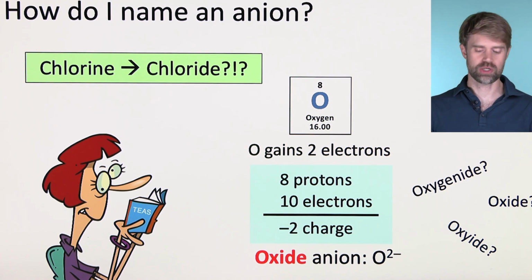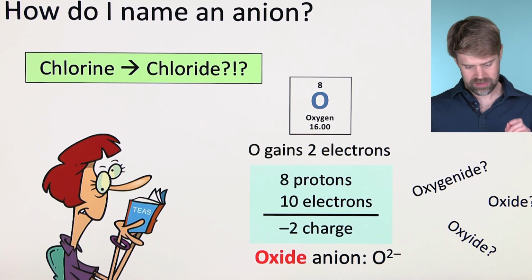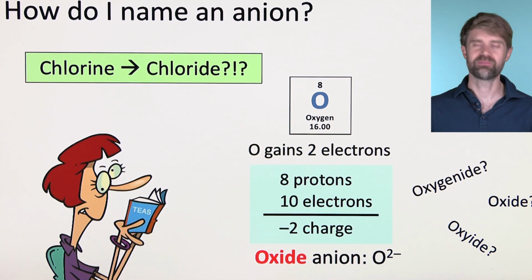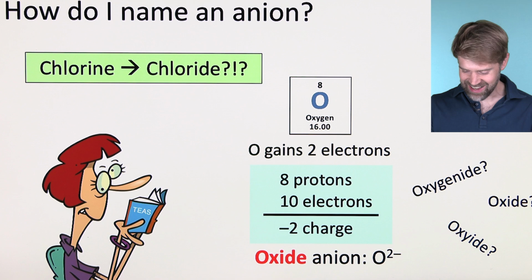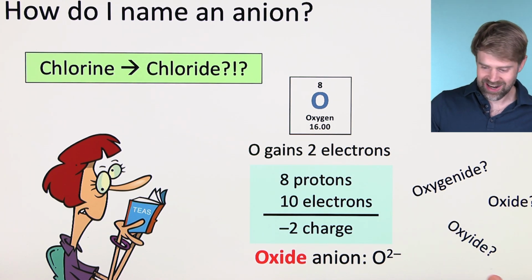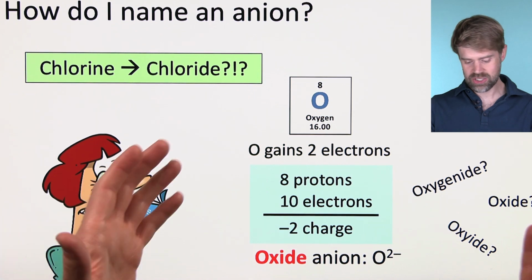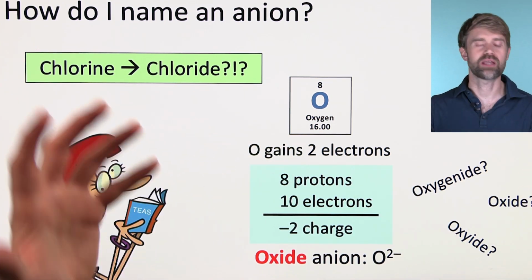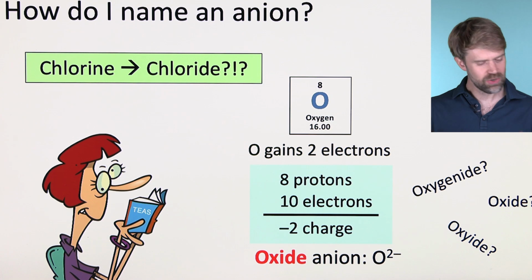One more thing to mention, and then we'll try some TEAS problems. When we said that the oxygen atom becomes the oxide anion, you might have thought, what the heck? Why isn't it oxygenide? What about oxyide? The fact is, unless you memorize the names of all the anions, it's hard to guess the right name. But don't worry about this.